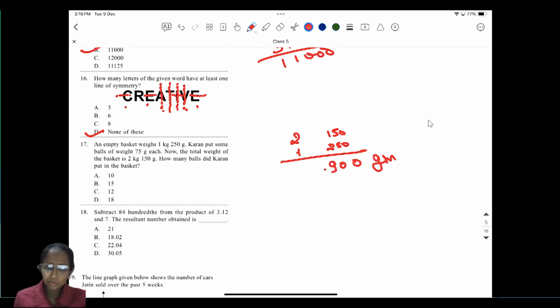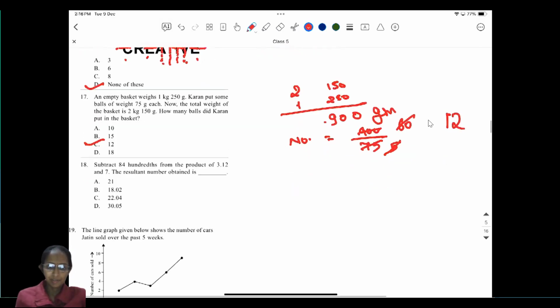So Karan has put balls of weight 75 grams each. That means the number of balls will be given by 900 upon 75. We can cancel it by 15: 15 times 5 is 75 and 15 times 60 is 900, so this is 12. So the total balls put by Karan is 12.